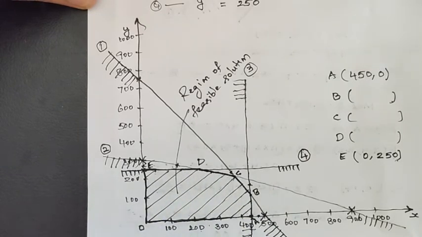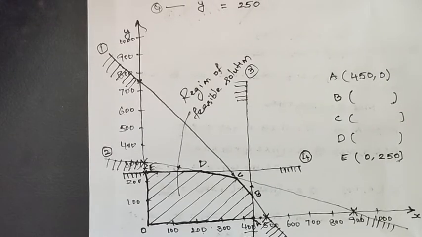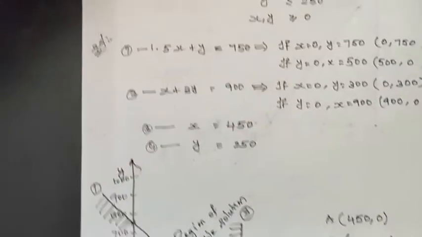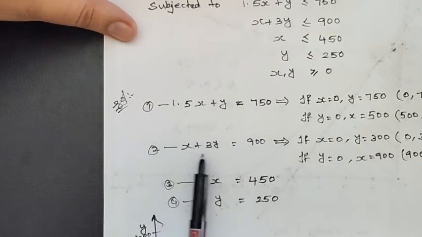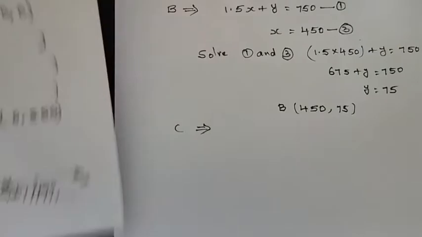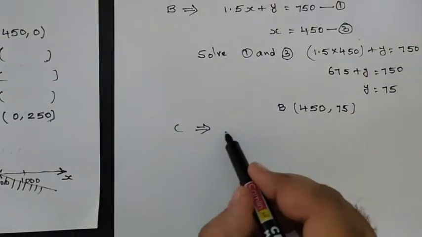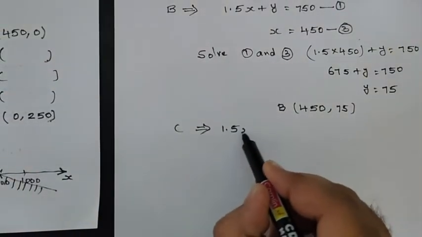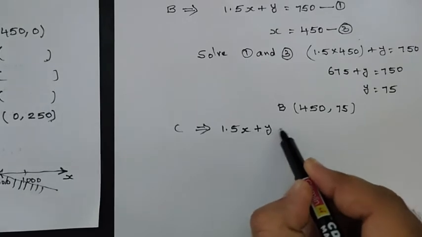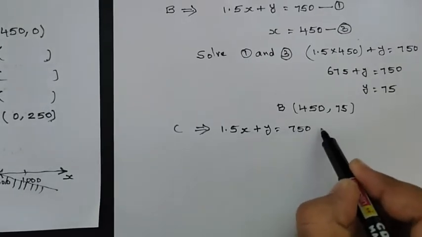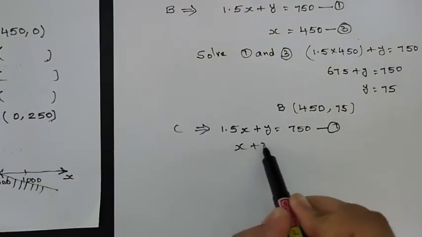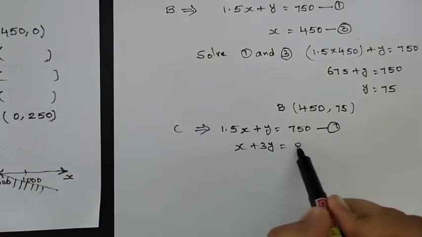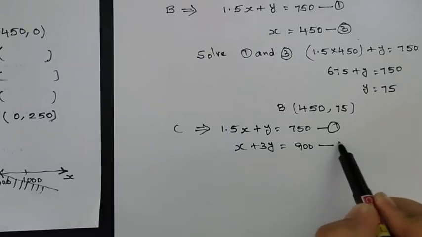Line 1 and line 2 intersection will make point C. So now let us solve equations 1 and 2. 1.5x plus y equals 750, x plus 3y equals 900. Now I am writing them: 1.5x plus y is equal to 750 and x plus 3y is equal to 900.